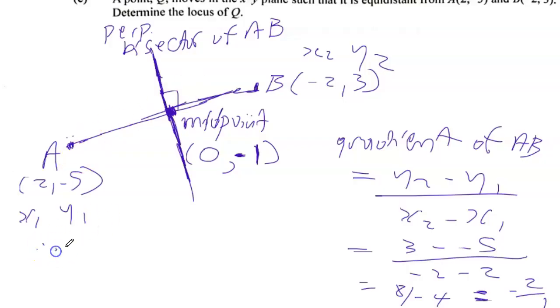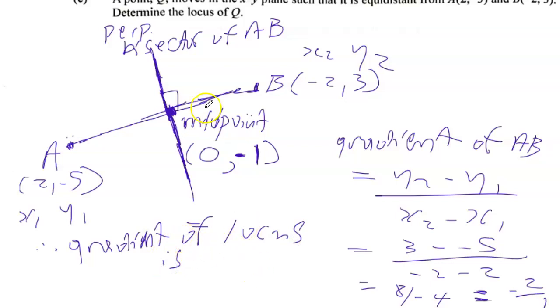So therefore, the gradient of the locus, which is the perpendicular bisector, is the negative reciprocal, since AB is perpendicular to the locus.